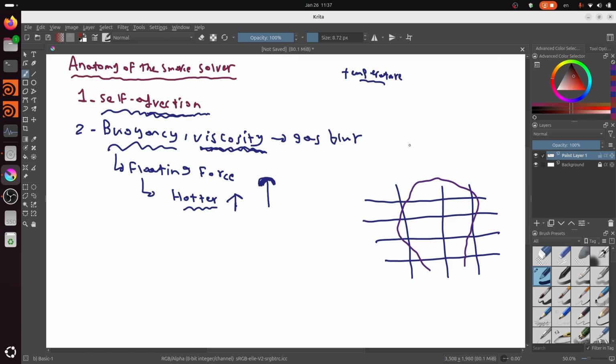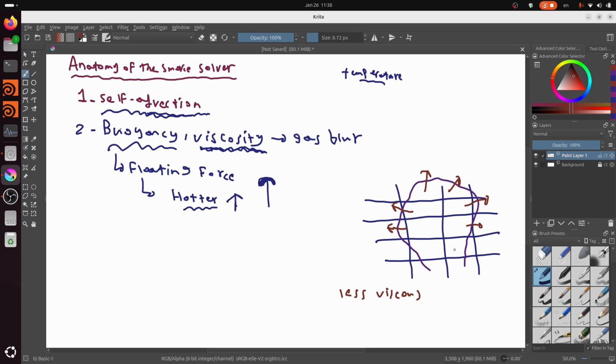let's talk about the less viscous smoke first. If this is not a viscous smoke, something less viscous or zero viscosity smoke, it's going to be dynamic. So the velocity vectors are going to be looking in different directions, in the different voxels like this.